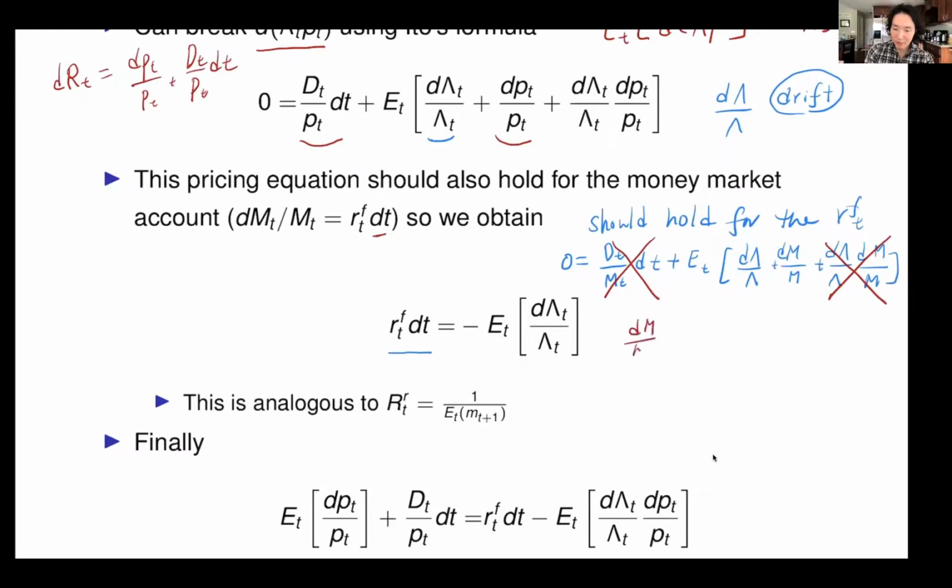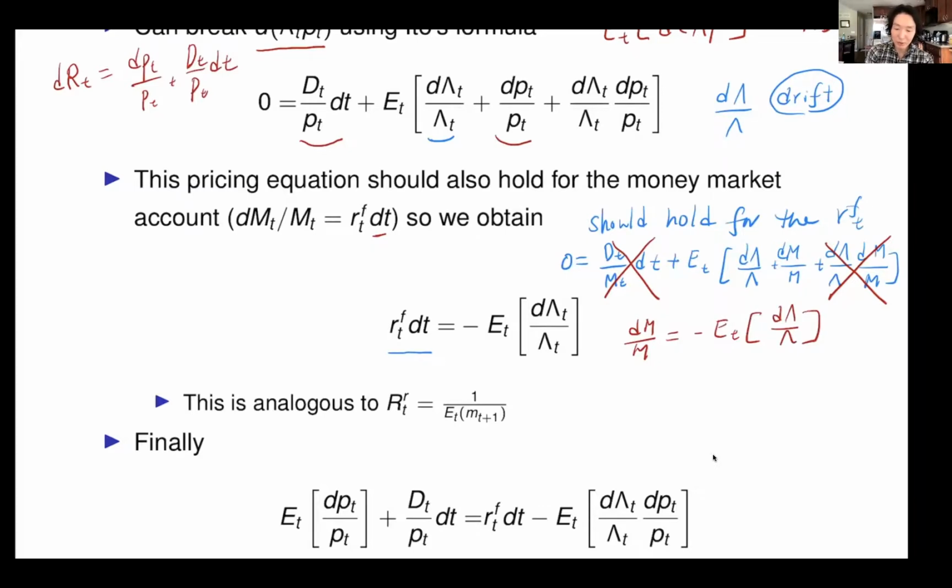dm over m equals the negative of the conditional expectation of d lambda over lambda, which is the drift of the stochastic discount factor, or the pricing kernel.